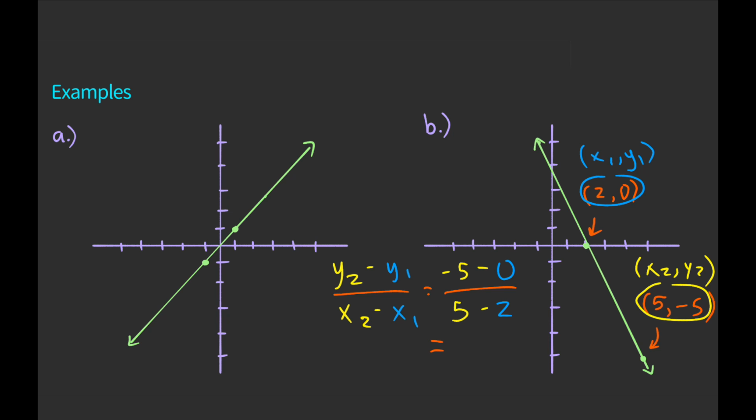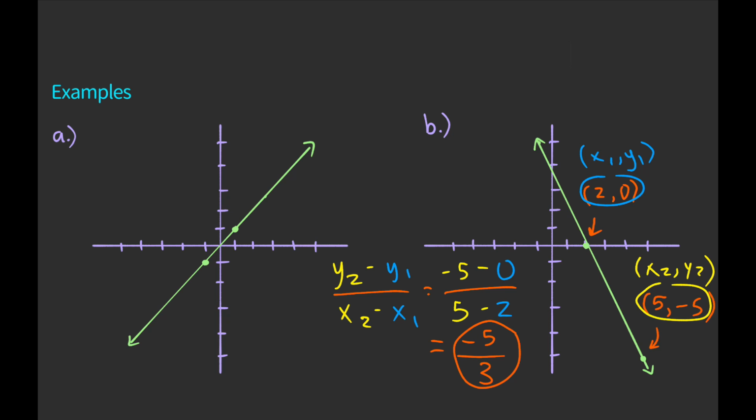Now we're just going to simplify. In the numerator, -5 minus 0, that's just -5, over 5 minus 2, which is 3. And that is our slope.